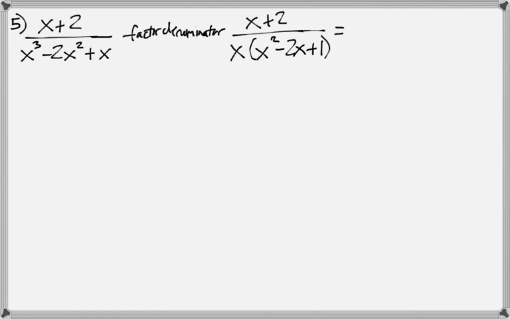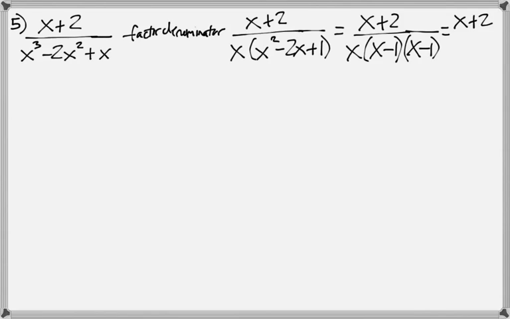And then I can factor that further into x times x minus 1, x minus 1. So this is x plus 2 over x times x minus 1 squared.